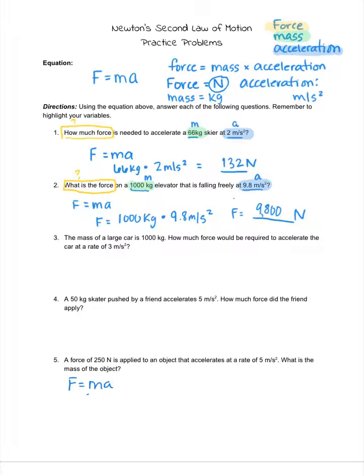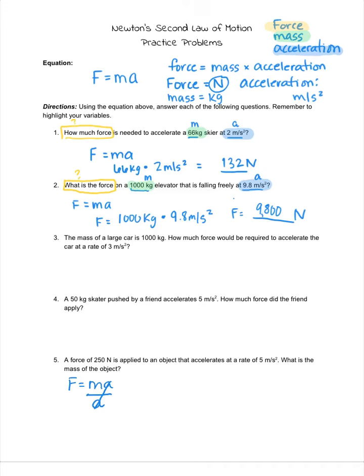So to get one of the letters away from the other, we have to do the opposite of the action that's occurring. So if two letters were added together, we would subtract them. If two letters were subtracted, we would add them. In this case, they're multiplied, so we're actually going to divide them. So we're going to divide A out of it because we want M by itself. So we're going to divide A, so it cancels on this side.